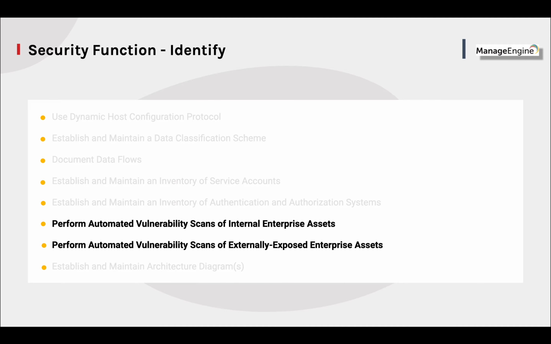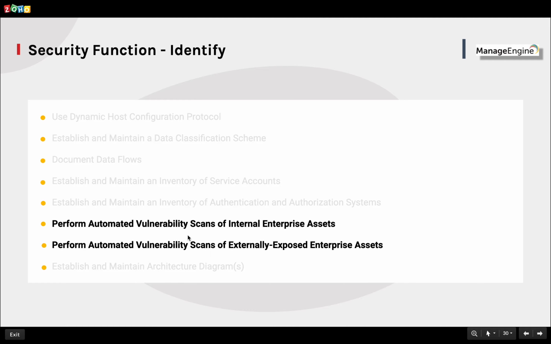Perform automated vulnerability scan on both internal and external assets. We have already discussed this topic in implementation group 1. Vulnerability Manager Plus, which is an agent-based software, can scan devices that are present in the network, especially endpoints, for software vulnerability, zero-day vulnerability, system misconfiguration, high-risk software, and web server misconfiguration.